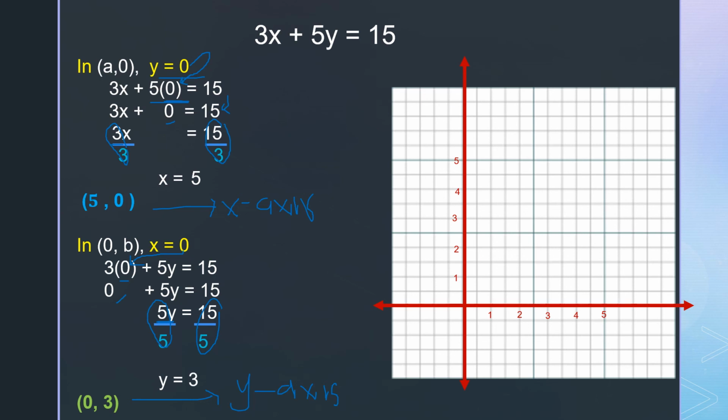So the first point is 5, 0. We have to find in our x positive 5. So here we have 5, 0. And then the next point is 0, 3. So we have to find positive 3 in our y-axis. So there it is. That's 0, 3. You connect the points. So the black line is our 3x plus 5y equals 15.